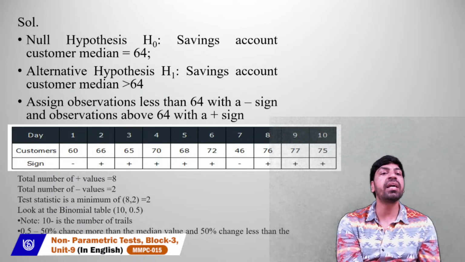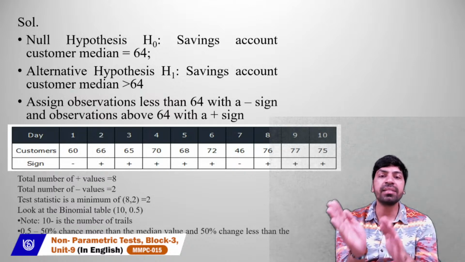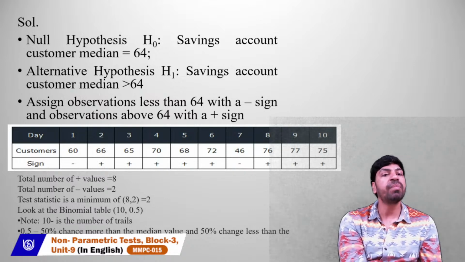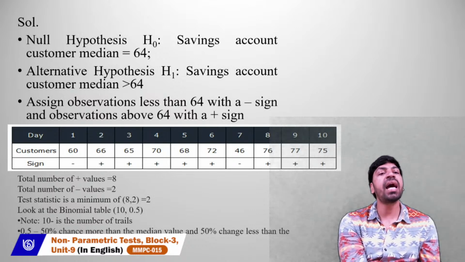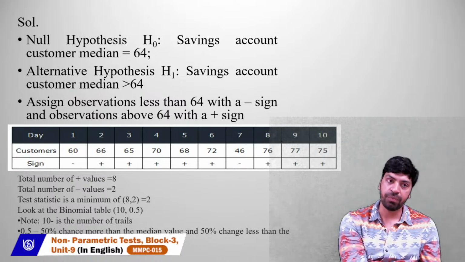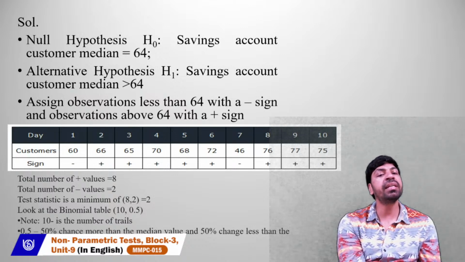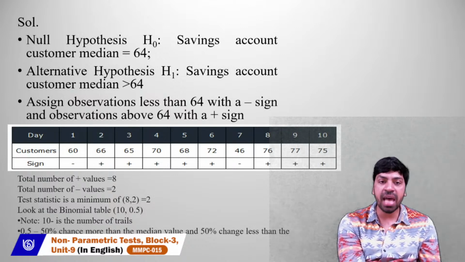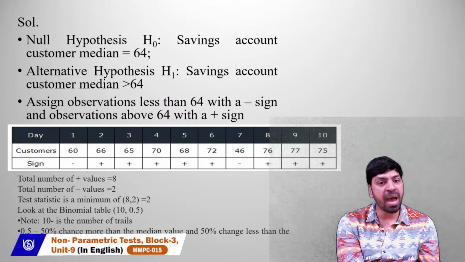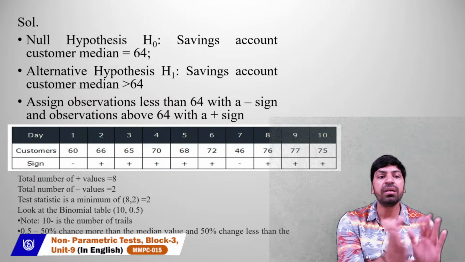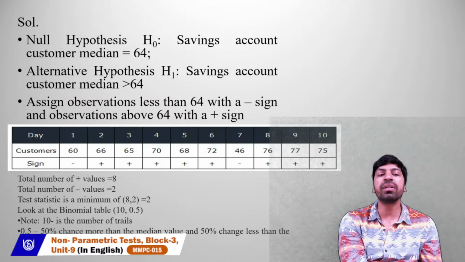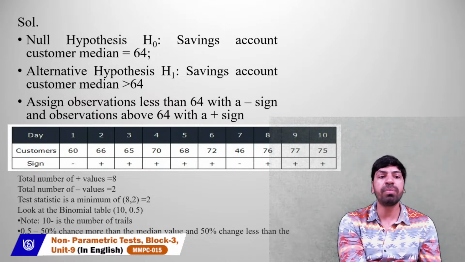So the null hypothesis is that the savings account customer median is equal to 64, and the alternate hypothesis is that the savings account customer median is more than 64. The next step is to assign minus and positive signs to the days according to the values of customers per day.